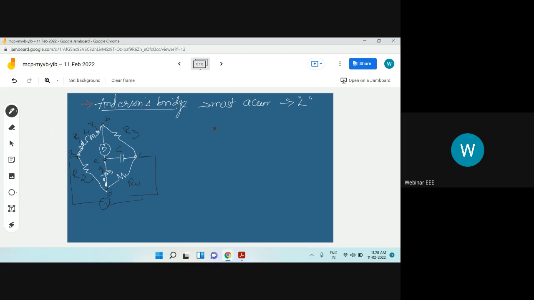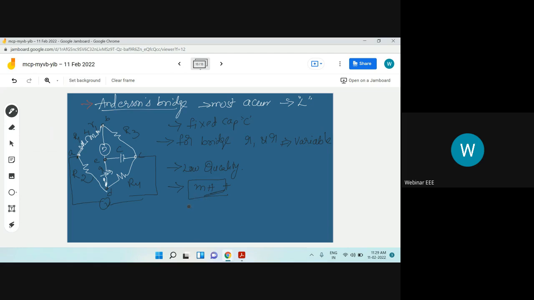Anderson's bridge has a fixed capacitance C, and for the bridge balance condition in Anderson's, small r1 and small r are considered as variable resistances. This Anderson's bridge is generally used for low quality factor coils, and here the range of inductance measurement will be less than millihenries.